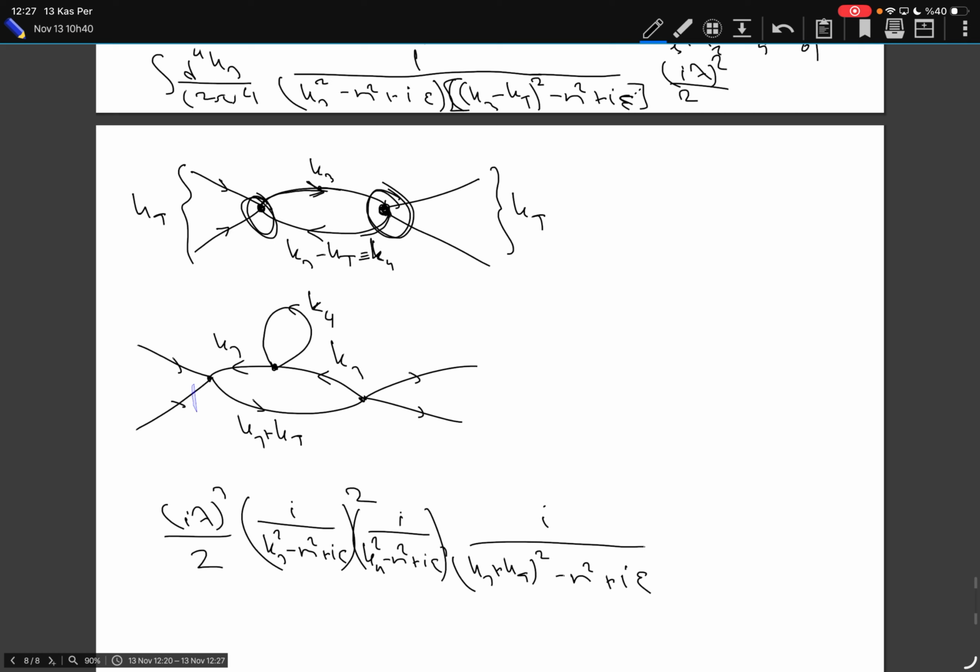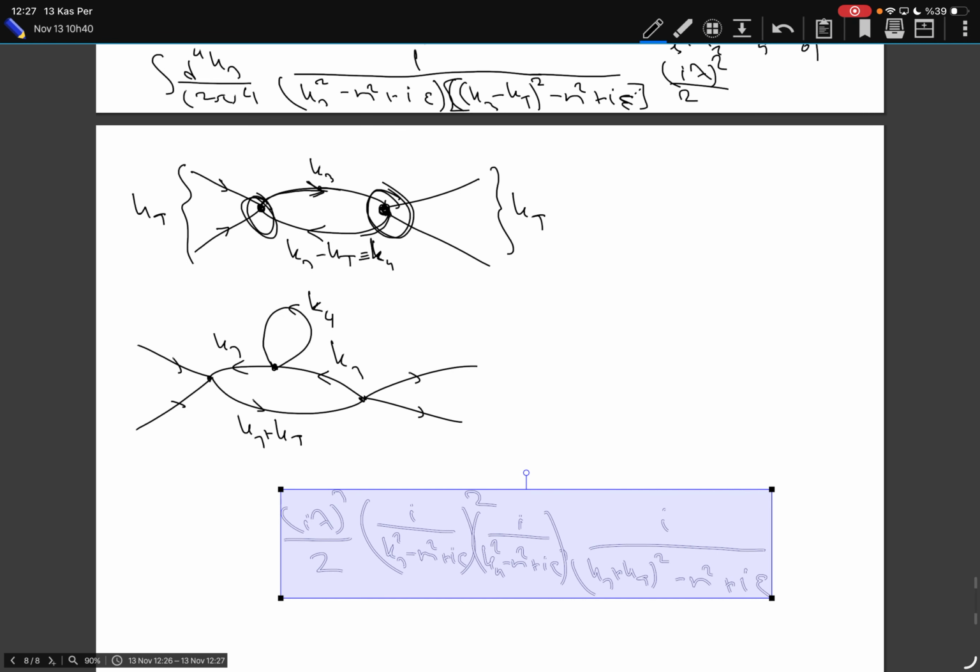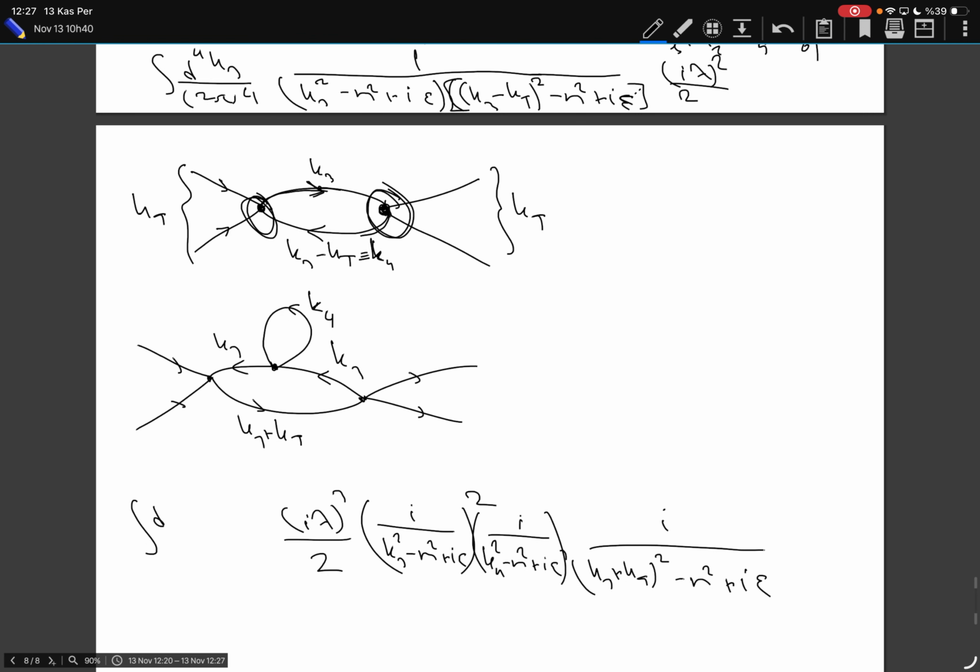This is from this lower line. And I have some undetermined momenta, integrals d^4 k3, d^4 k4. k3 can take any value. k4 can take any value. So this is the corresponding contribution to my M from this diagram.